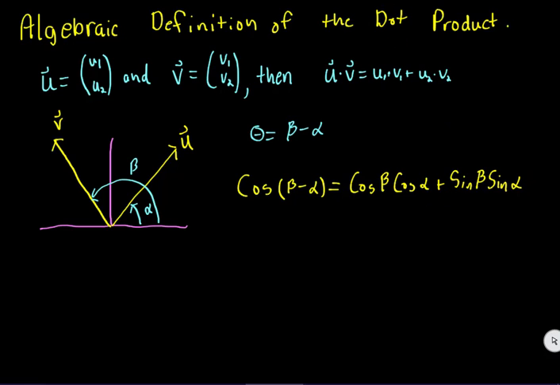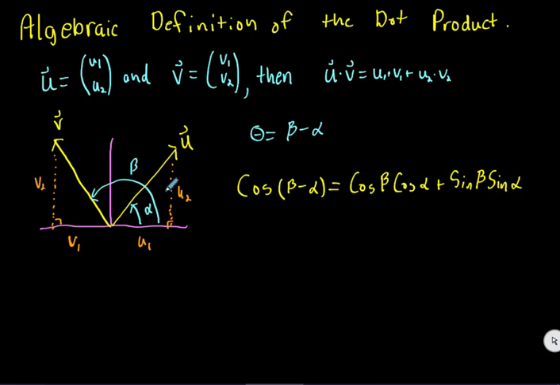Coming back to vector u, we know these components: this would be u sub 1 and this would be u sub 2. That's how far it goes over on the x, and this is how far it goes up in the y, and vice versa for v. There's a right triangle here. This would be v sub 1 and this would be v sub 2.